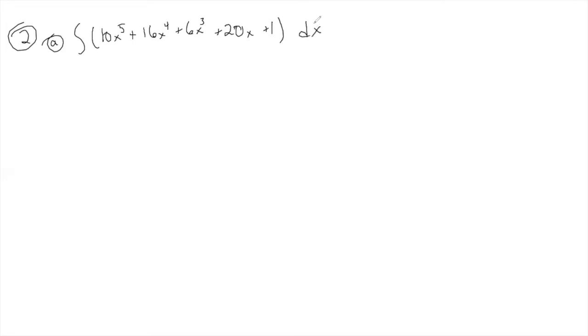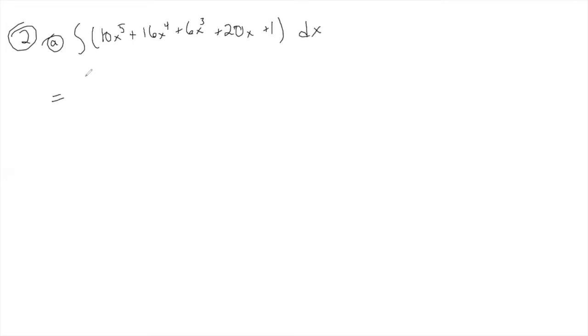Now moving on to the indefinite integrals, number 2. No simplification required for these because there's really no evaluation of anything. All right, so I get the integral of 10x to the 5th plus 16x to the 4th plus 6x to the 3rd plus 20x plus 1 dx.